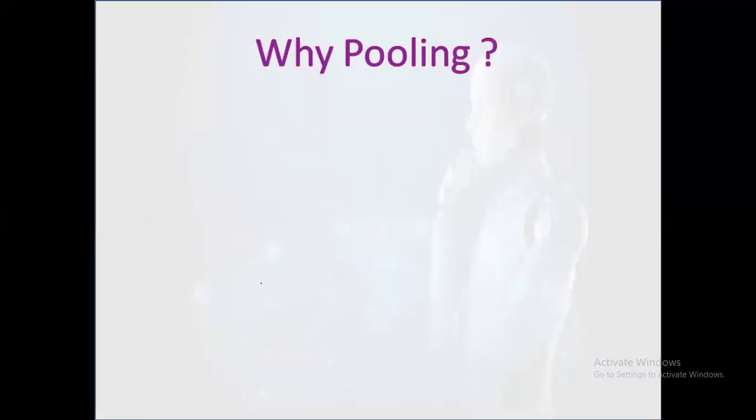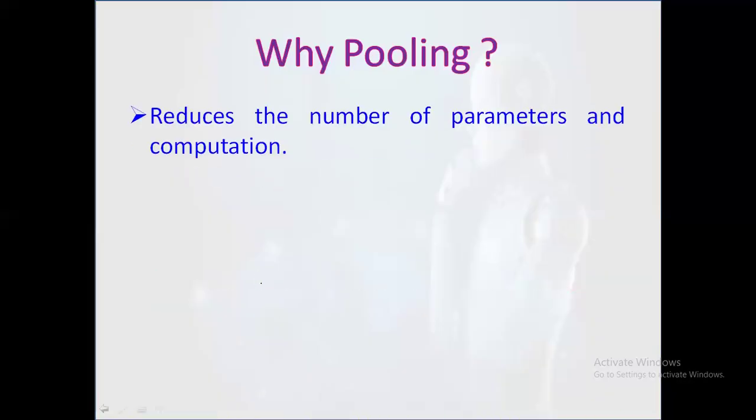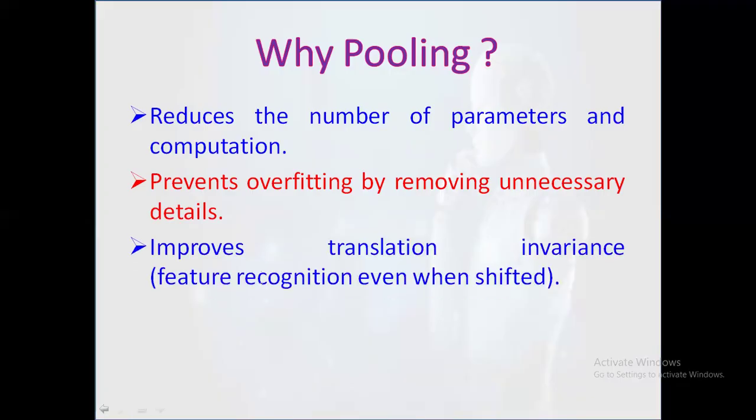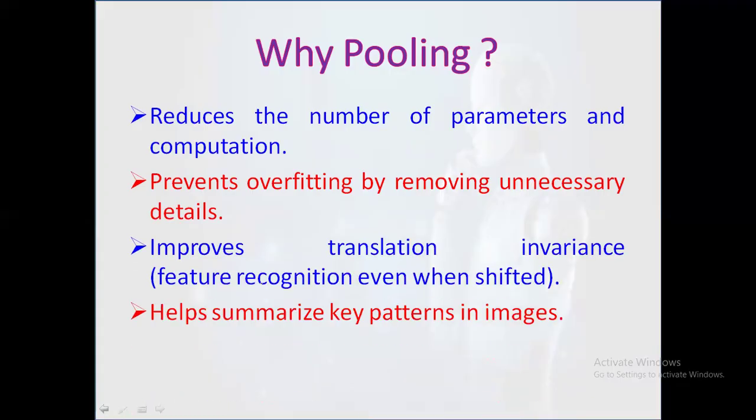Why should we go for pooling? The necessity of studying pooling. Pooling plays a crucial role in simplifying feature representations and improving learning efficiency. It reduces the number of parameters and the amount of computation required in deeper layers, making the network faster and easier to train. Pooling also helps prevent overfitting.